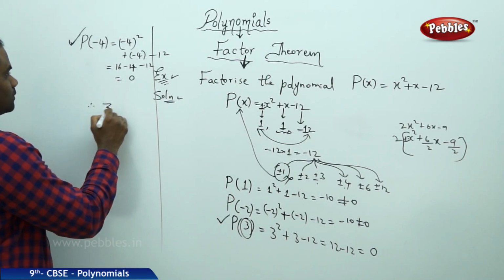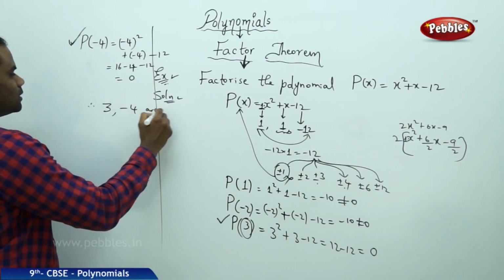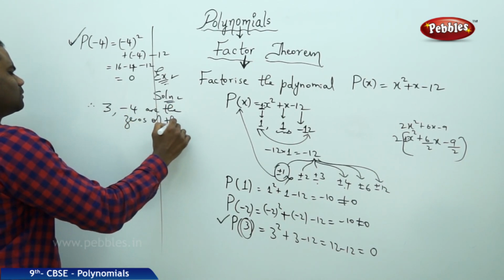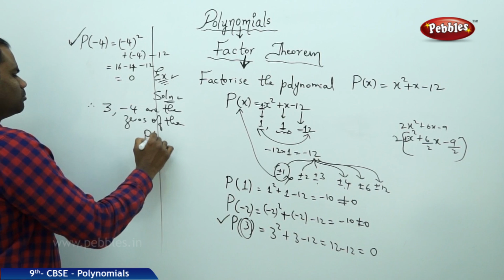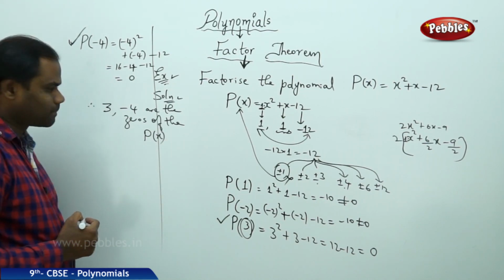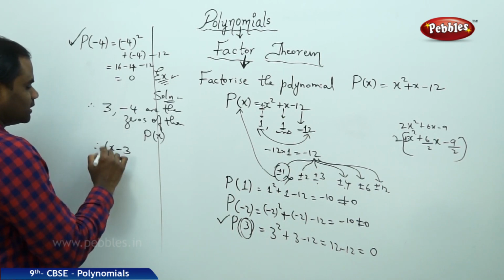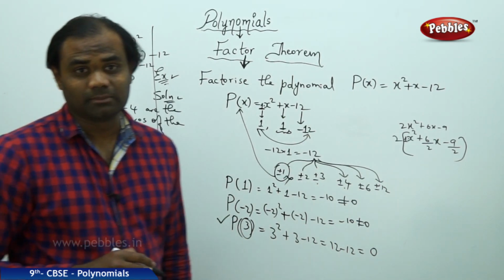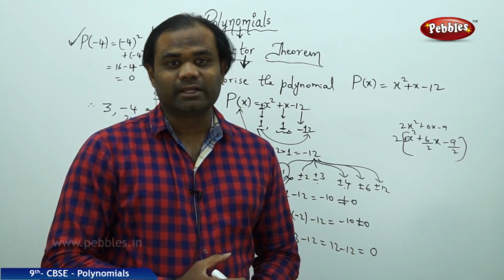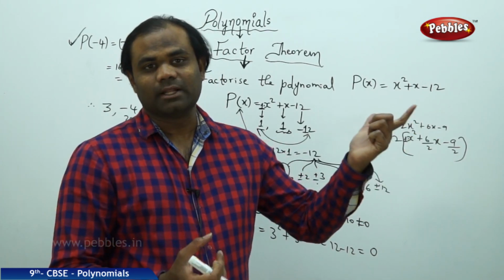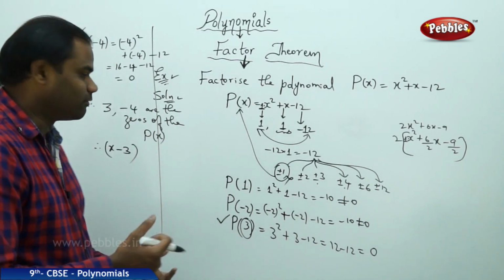Therefore, 3 and minus 4 are the zeros of the polynomial P of x. Now these being zeros, x minus a is what we have seen in the remainder theorem: if the remainder is 0, then x minus a is a factor of the given polynomial f of x or p of x.